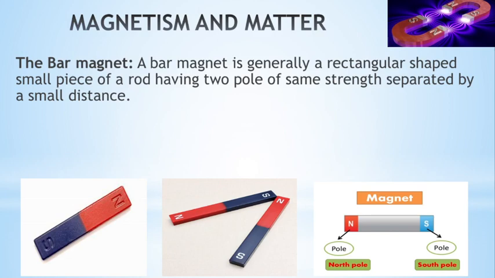Therefore, it is called a bar magnet. Okay, now this is the picture of a bar magnet. This is the N side, then this is the S side. This is also called a pole, and this is also called a pole. The ends of a magnet are called poles.